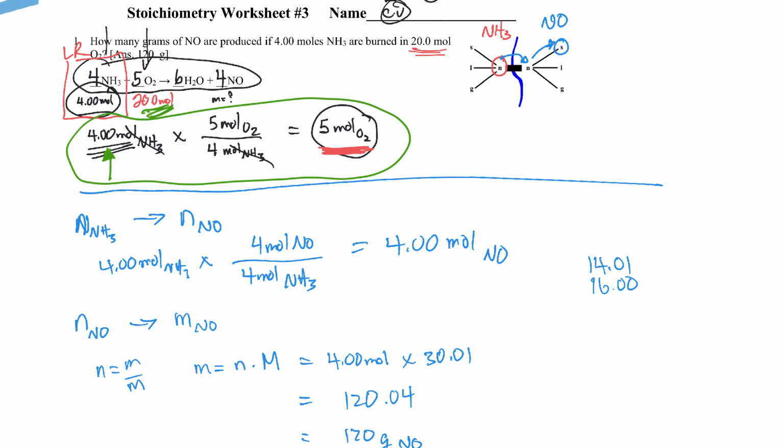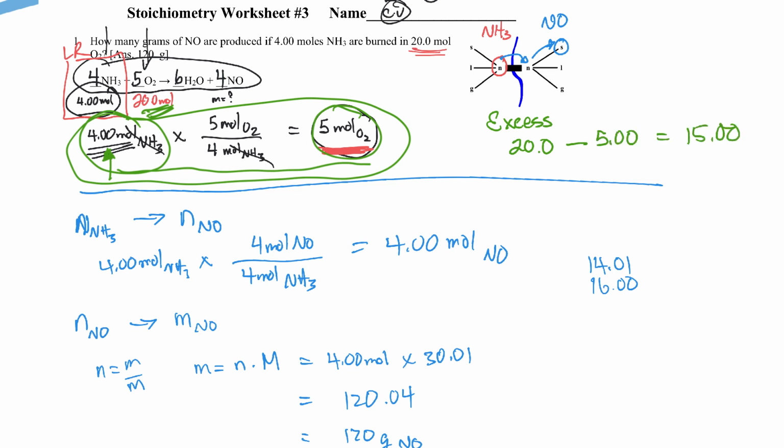But a question that I could ask is, well, how much extra would you have? So this step here says to use up all your ammonia, you're going to use up 5 moles of oxygen. So if I want to know how much is in excess, I would just take however many I have, 20.0, and subtract the 5.00. And so in the end, I'm going to have 15 moles of oxygen left over, not used.